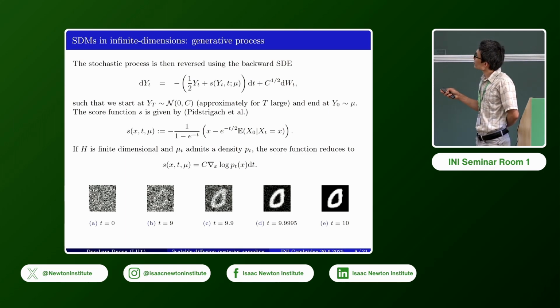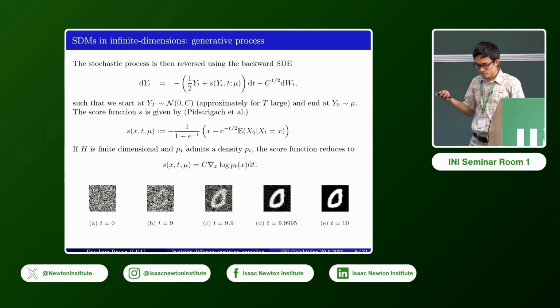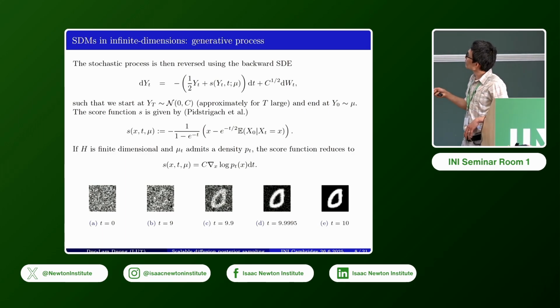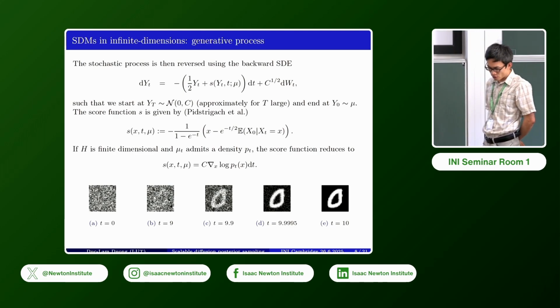The important thing is that this strange-looking formula actually is the same when we consider the space to be finite dimensional. Then we recover the usual score function, of course, with a little bit of weighting by the covariance there.